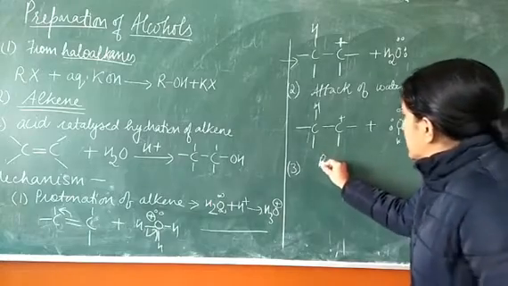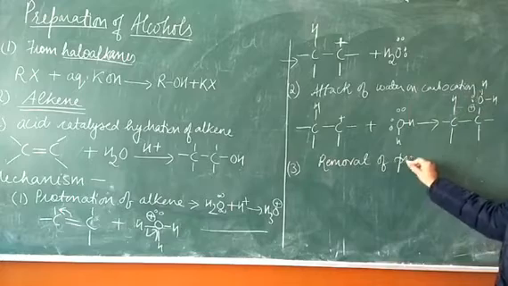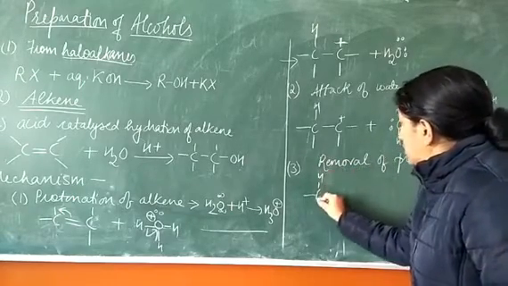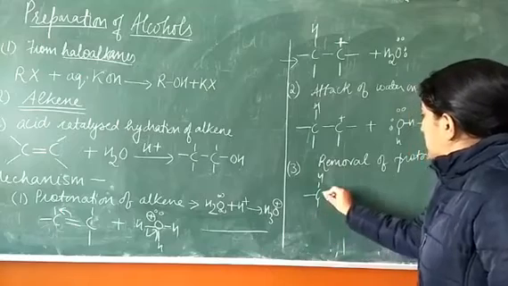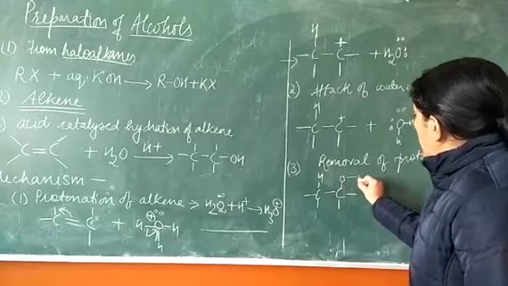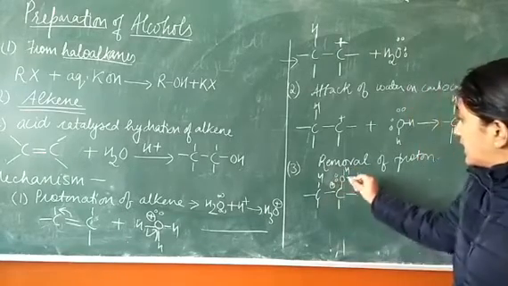So next is removal of proton. Here this is OH, this is H, this is the lone pair and a positive charge on the oxygen atom.